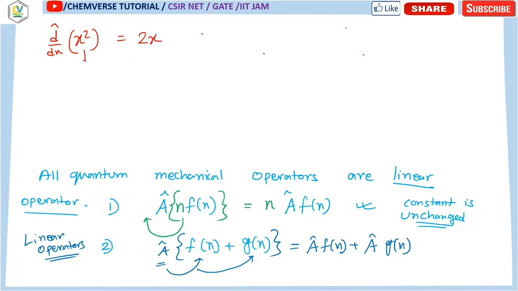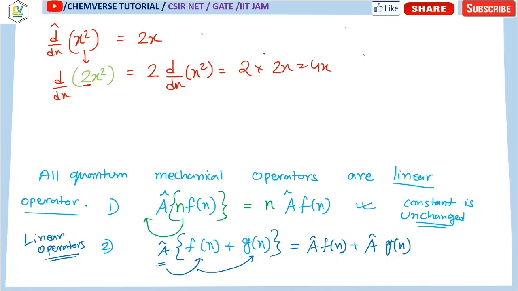Now if this x square function is multiplied with some constant, suppose 2 is the constant, 2x square is now our new function, where 2 is a constant which is operated over d/dx. Now when I operate d/dx, this 2 is nothing but a constant, so it will come out, and now we operate d/dx over this x square, and we are getting 2 into 2x, that is 4x. So this d/dx operator satisfies our first condition for being a linear operator.